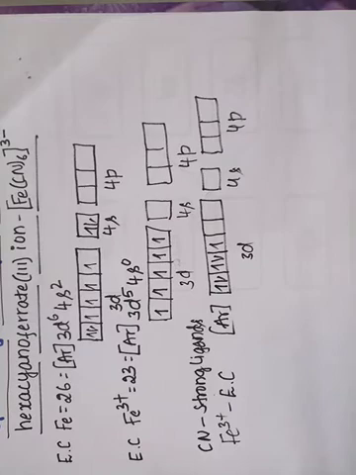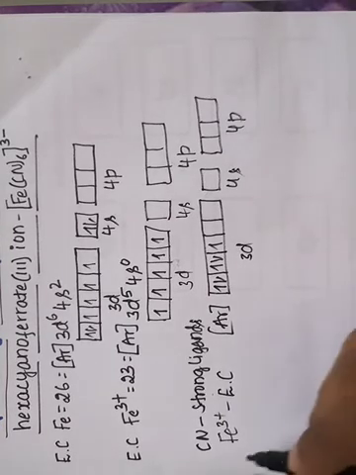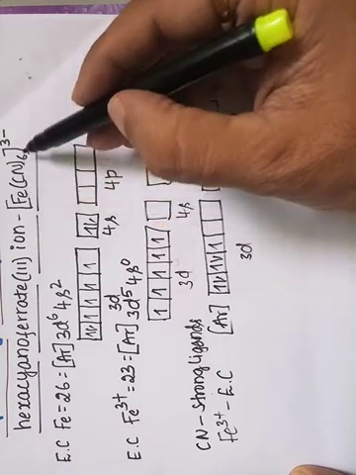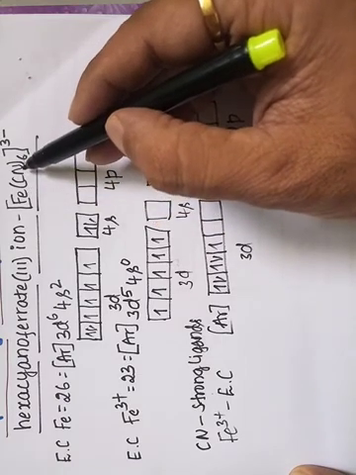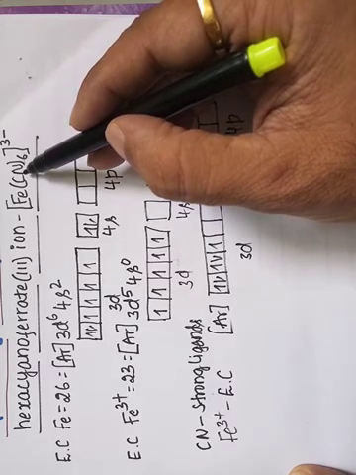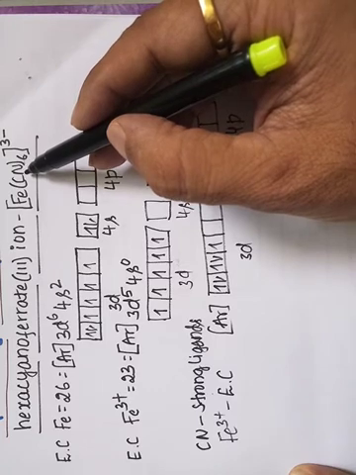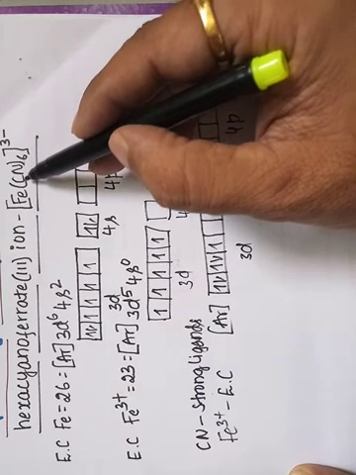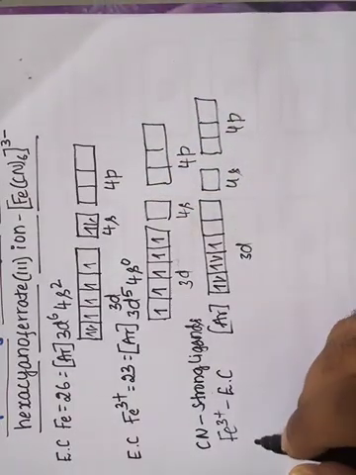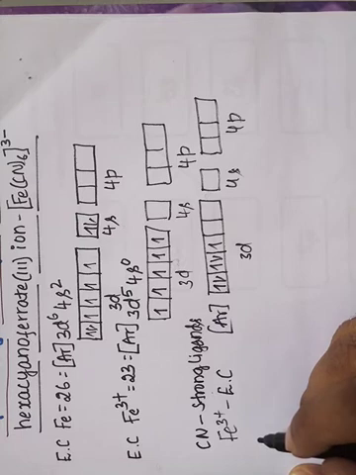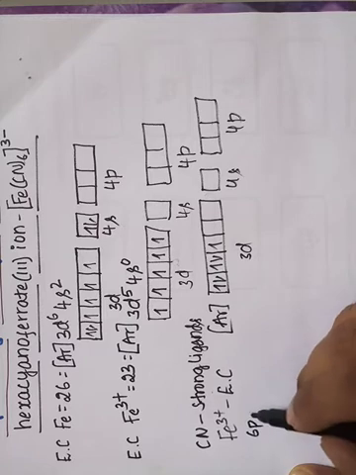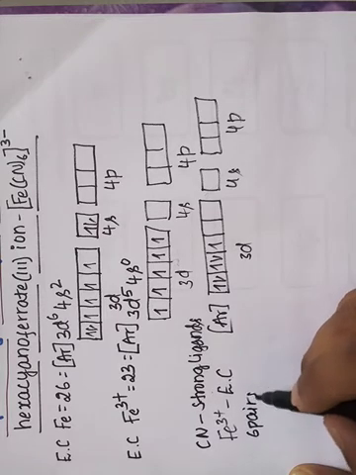Now there are 6 ligands in this complex ion. The cyanide ligand is a monodentate ligand, so each cyanide ligand donates one pair of electrons. Therefore 6 pairs of electrons will be donated by the cyanide ligands.